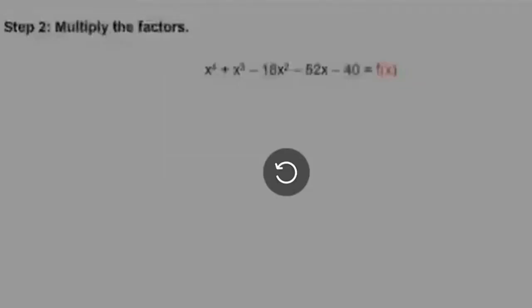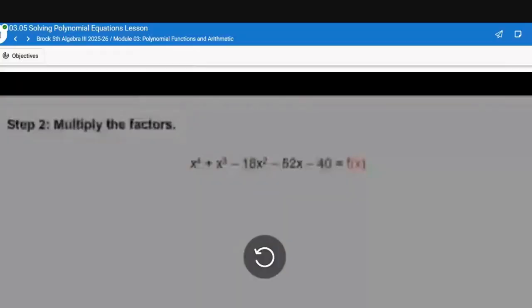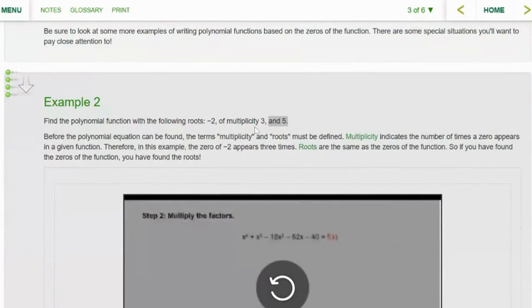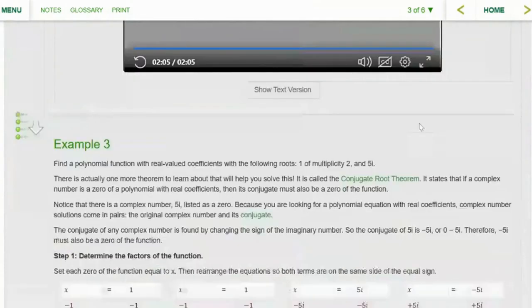Okay, so they just did the work of all the multiplication, but the important part is figuring out what you're multiplying back together. If you have -2 with a multiplicity of 3, make sure you've got 3 of the same factor for that -2, and then there's just 1 factor for the 5.